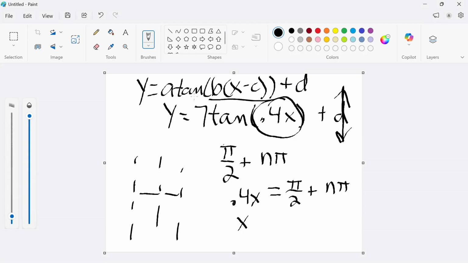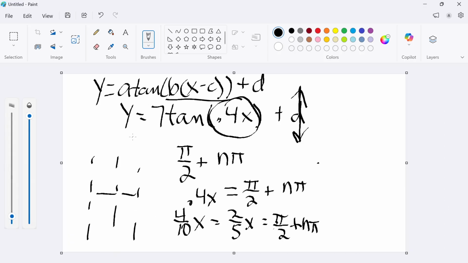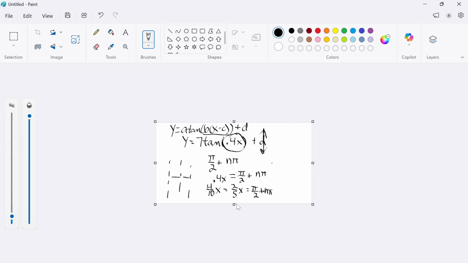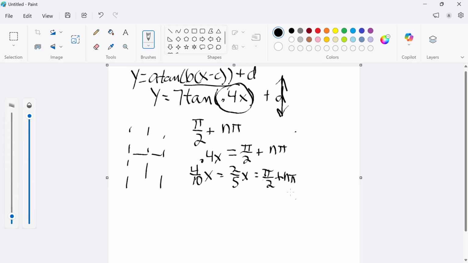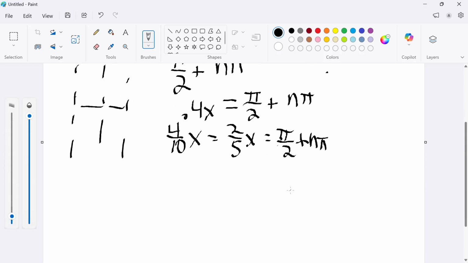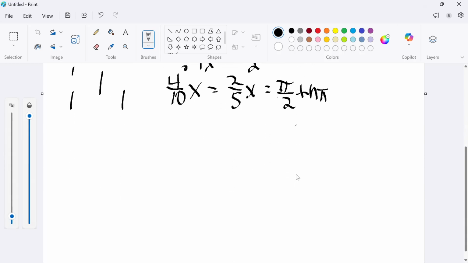So I'm going to rewrite 0.4 as 4 over 10, which I can also rewrite as 2 over 5, simplified. So 4/10 equals 0.4, and 2 over 5 x equals pi over 2 plus n pi. I noticed that there were no decimal numbers in any of the answer choices in the denominator, so it had been done with an integer fraction rather than a decimal number.